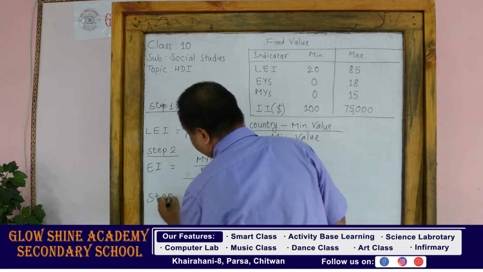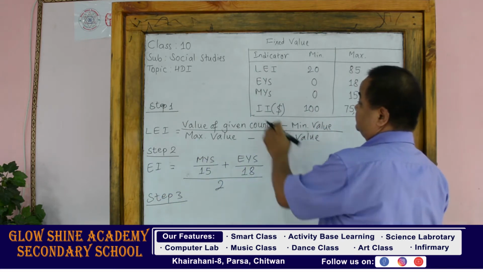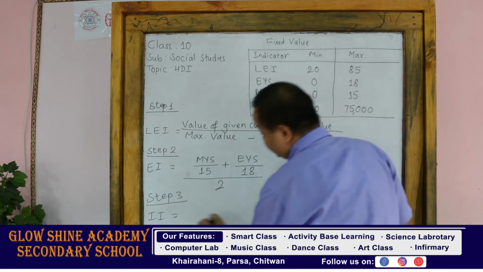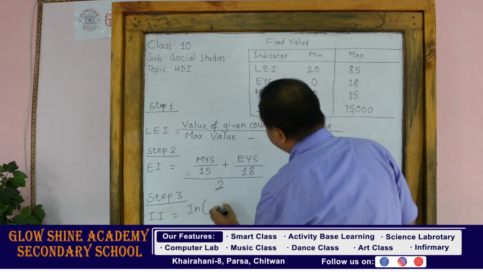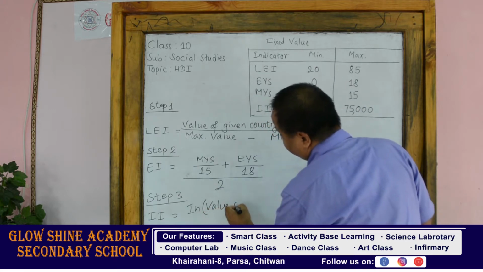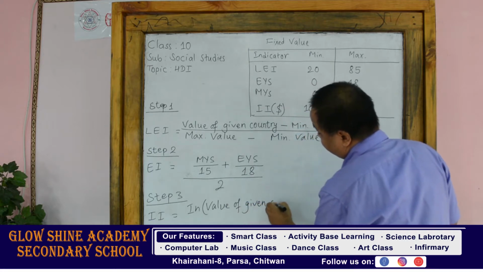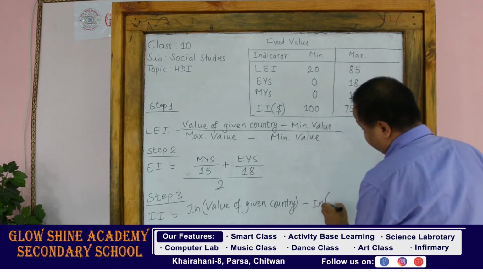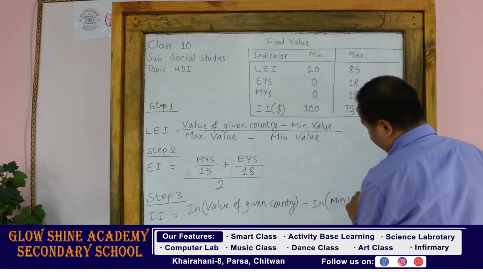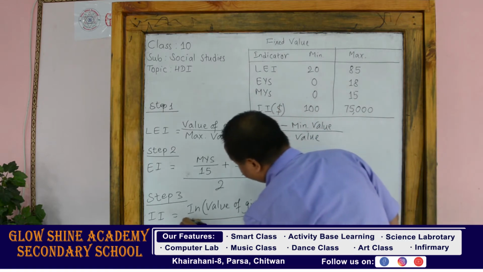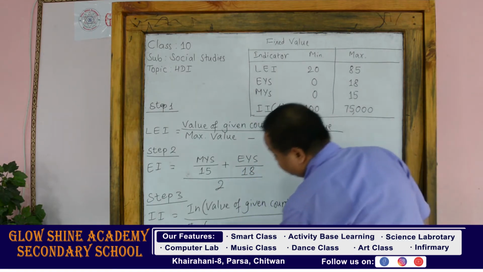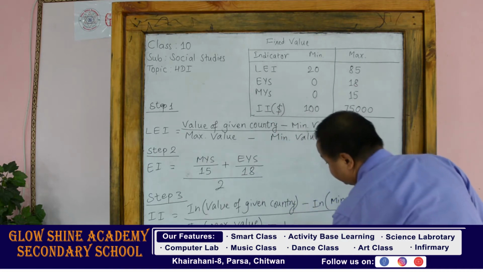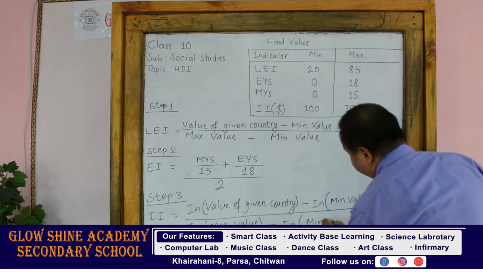And step 3, II, income index, IN, value of given country minus IN minimum value, divided by IN maximum value minus IN minimum value.